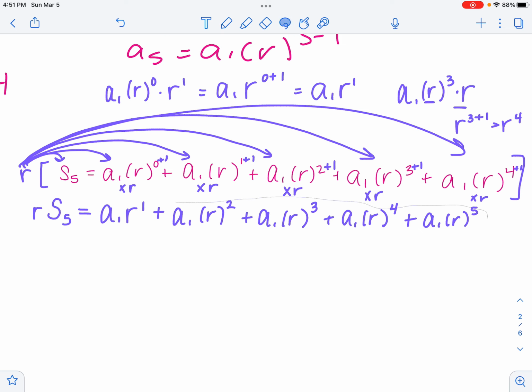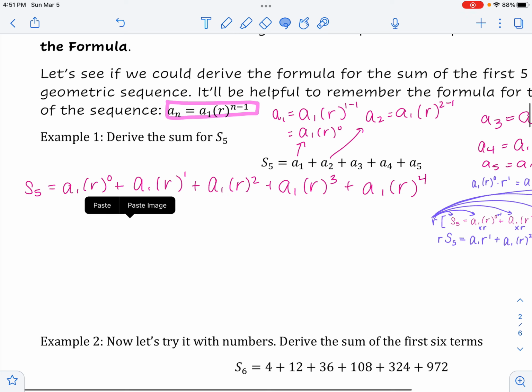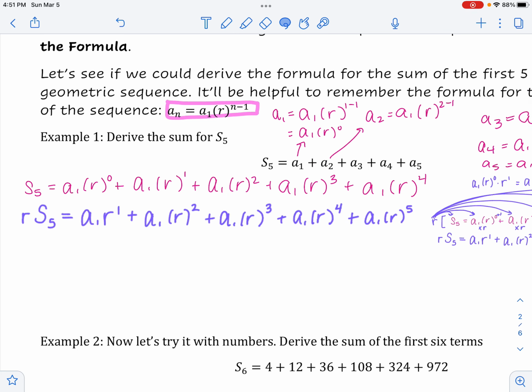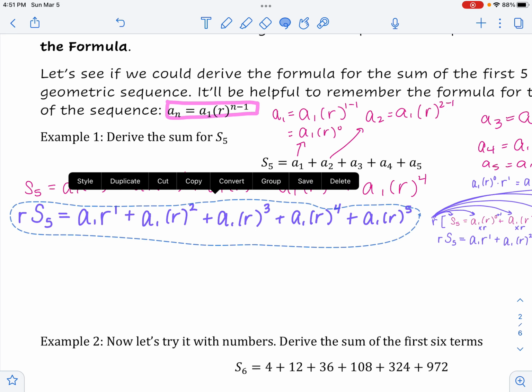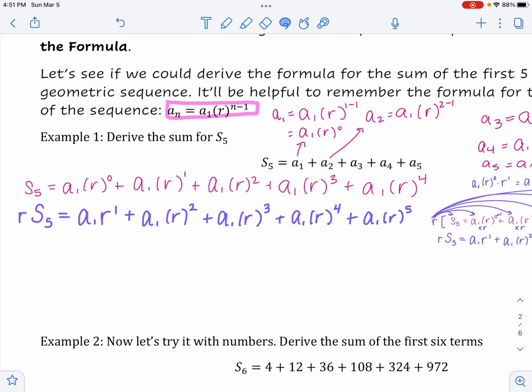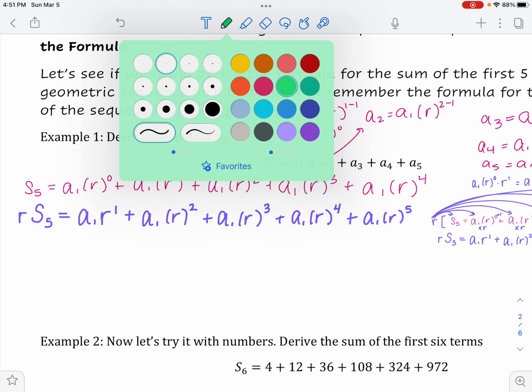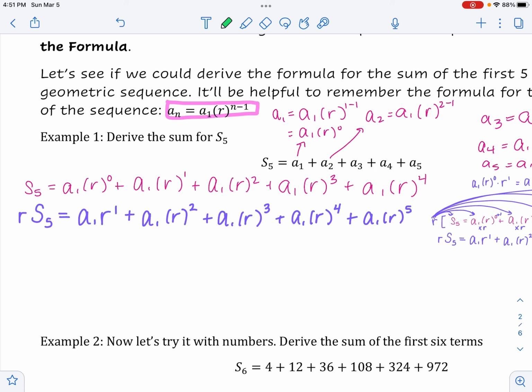I'm going to bring this back over to the problem itself, so you are going to have to copy this down now that we have a simplified equation. So if you need to pause the video as you copy that down, that's fine. The next step is going to be to subtract these two equations.